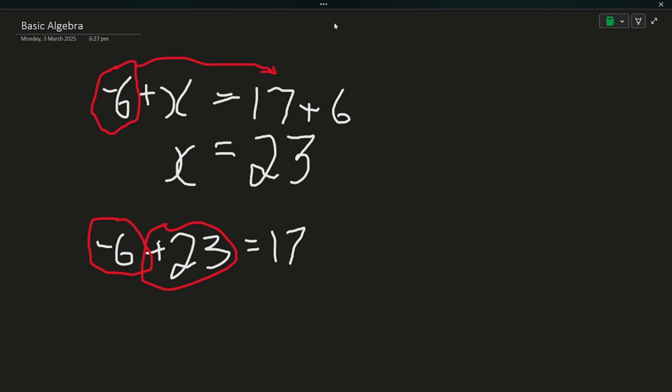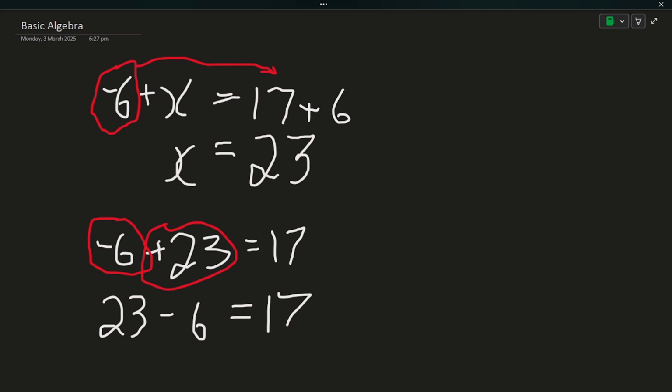So it'll instead be written like this: 23 minus 6 is equal to 17, which is another interesting way to use algebra to change equations. Sometimes it's quite useful.